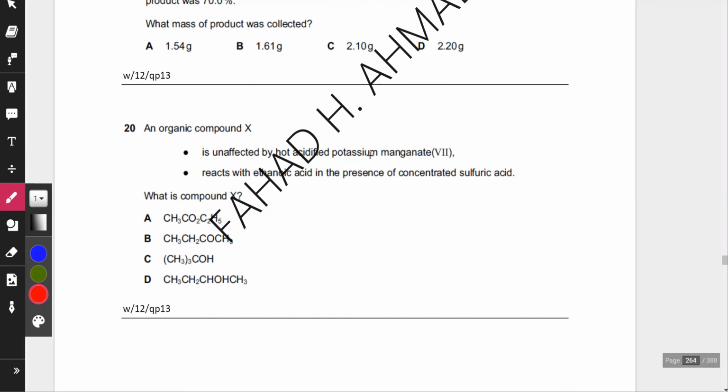It can't be a primary alcohol, a secondary alcohol, an aldehyde, or an alkene. This is a tertiary alcohol. The carbon has 3 CH3s attached to it, so that's a tertiary alcohol. It's not going to get oxidized.